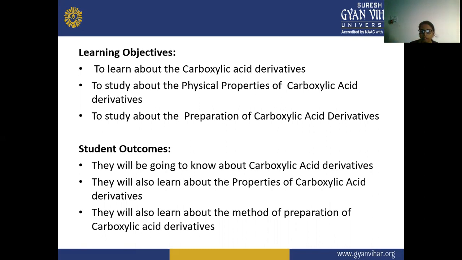We are going to learn the method of preparation of carboxylic acid derivatives, how they are prepared from different reagents with the help of different catalysts, and what their physical properties are: what the state of these derivatives is, what the boiling point is, and what other properties are included in their physical properties.